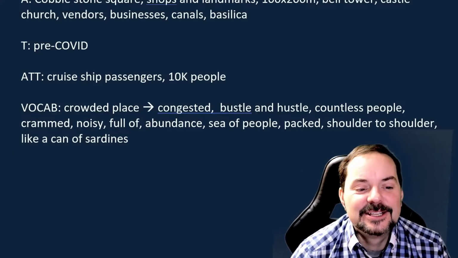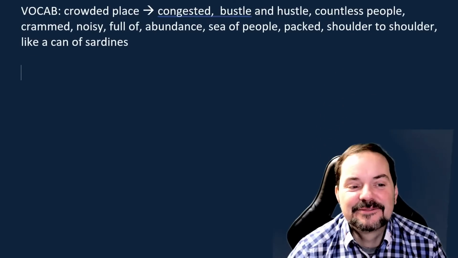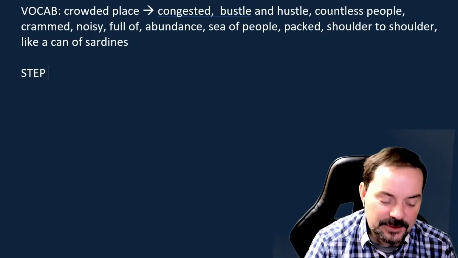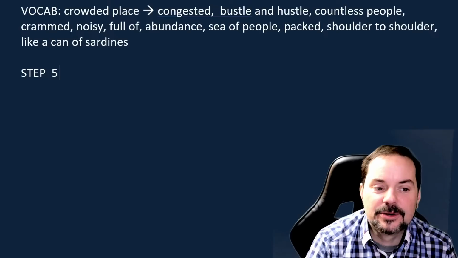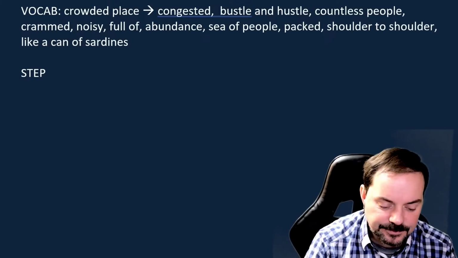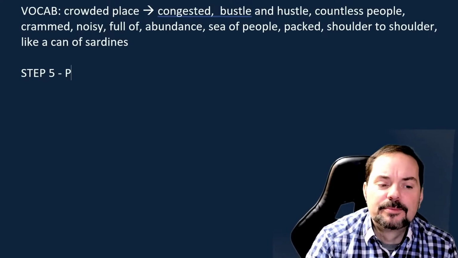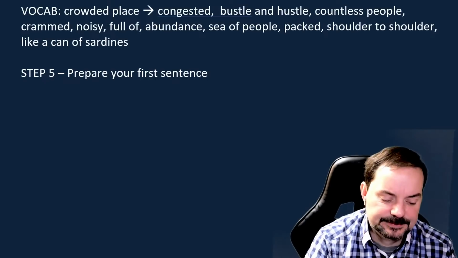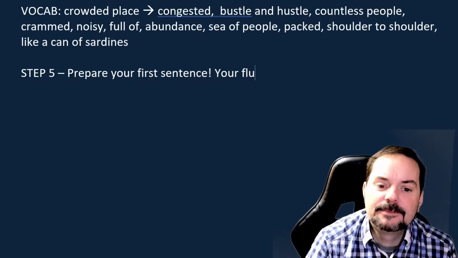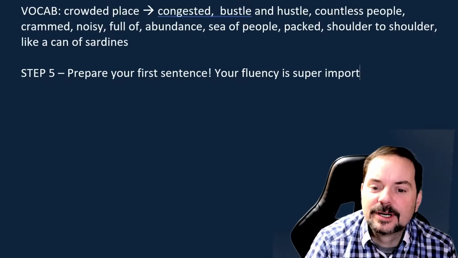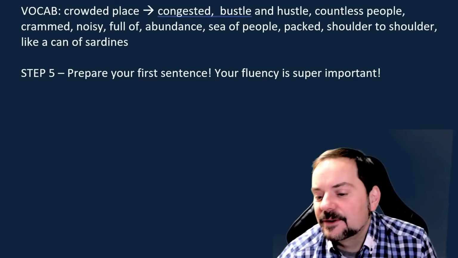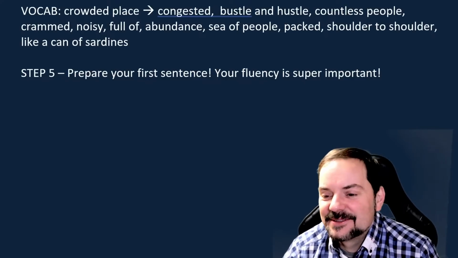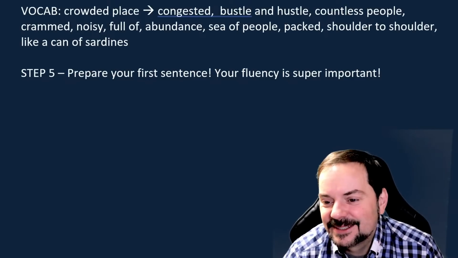All right, now as you get going, of course, you want to have your first sentence ready, and this is step 5, and it's a very important step for fluency. Remember, your fluency is being greatly judged here in part 2. So prepare your first sentence. Your fluency is super important. Okay, so give me your first sentence. I have a feeling many of you have thought about a place that you've been to that's very crowded or was very crowded at the time.